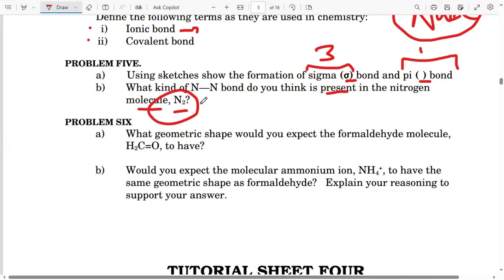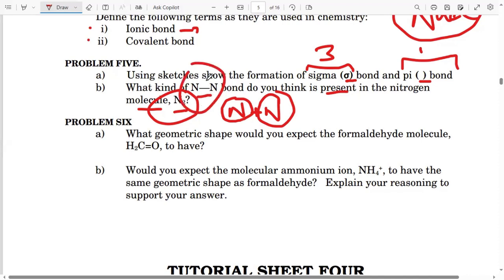How do you draw it? We just say, here I have two atoms of nitrogen. You get the total valence electrons for this and for this, and then you add them. We know that in the nitrogen molecule, there's always a triple bond between these two N's. Then you can distribute the other electrons on the other side, and that will help you to determine what kind of bond this is.